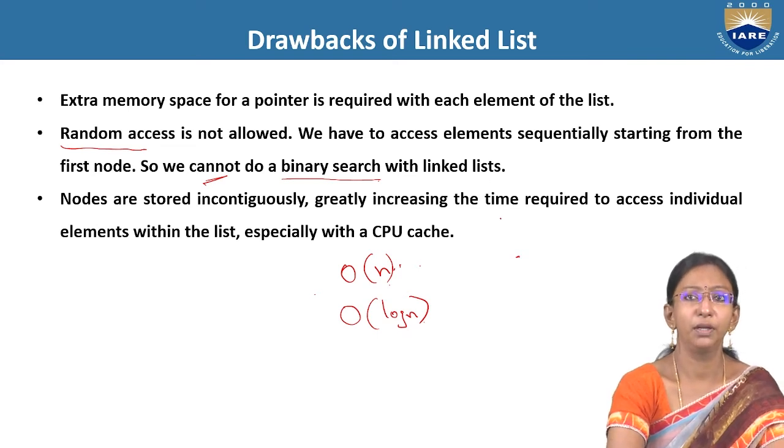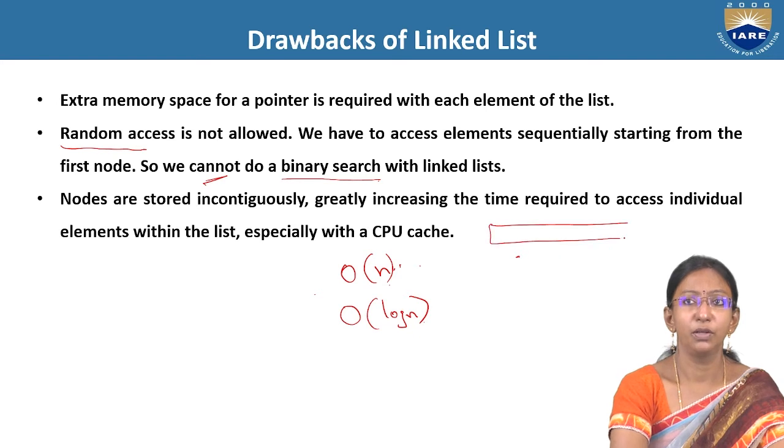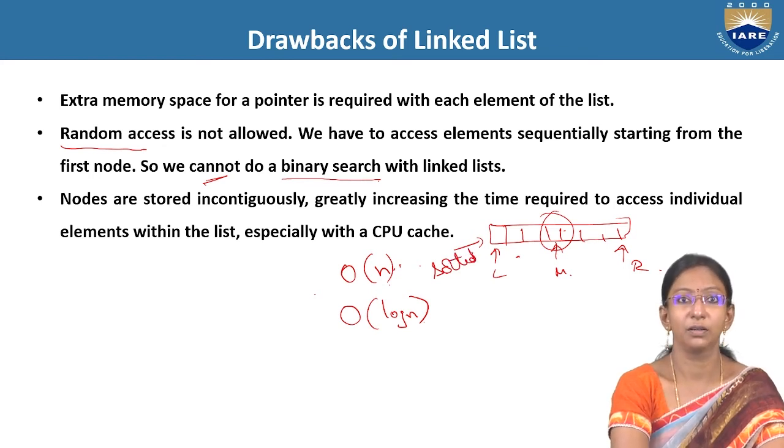I hope you remember how we perform binary search. So there will be a huge list. In this list, you are going to take left, right and mid positions, and compare the element pointed to by the mid, and the prerequisite for this one is that it must be sorted in nature. So many things are there, right?